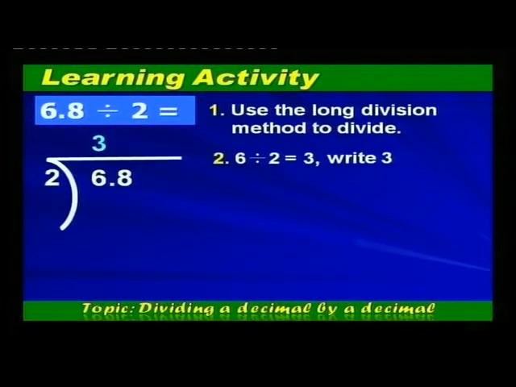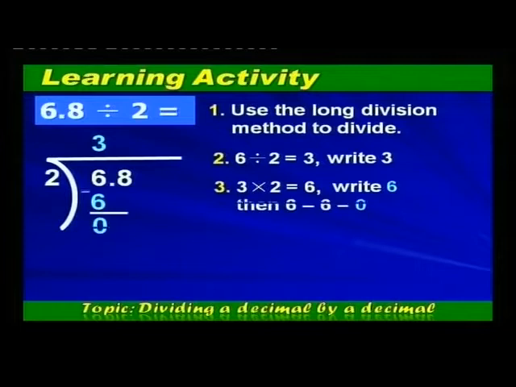So place 3 in the quotient. What's the next thing I do? Thank you. You will multiply. 3 times 2 is equal to 6. You will place 6 below. Then what's the next thing you do? Take away, yes. 6 minus 6 is equal to 0. Then the next step, before you look at the next number, there's something there. What can you see there?